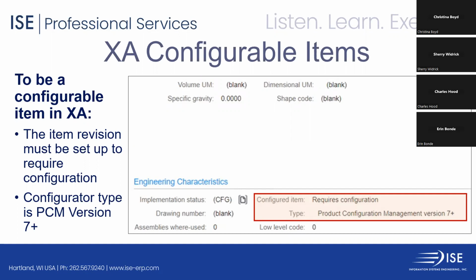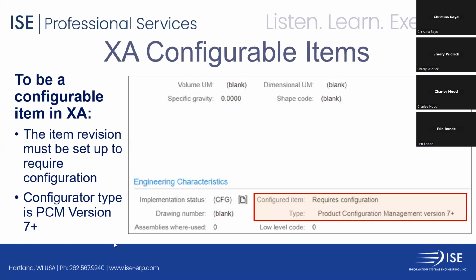You need an item in XA in your item revision for the site that you have linked to enterprise quoting, and you need to have an item that literally is called bike, and the name has to match the rule set name in Design Studio. That's how XA, or really CPQ, knows which rule set to launch from XA.